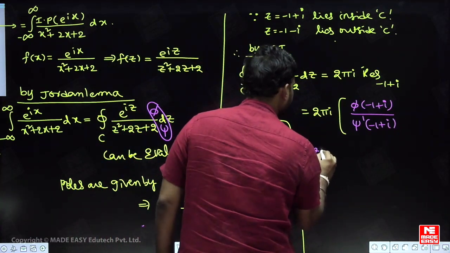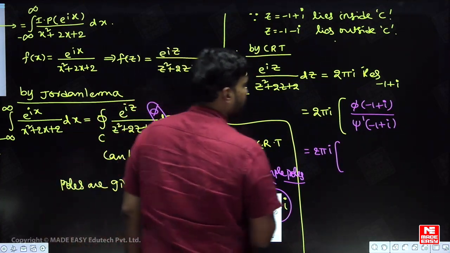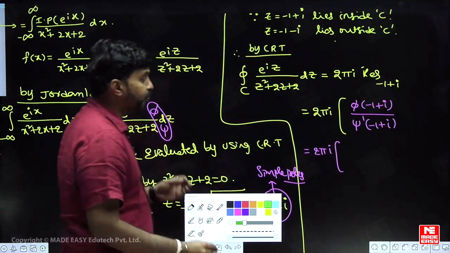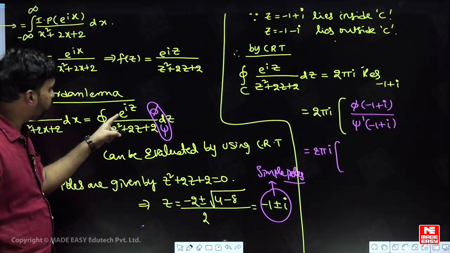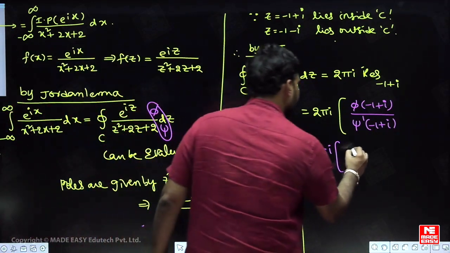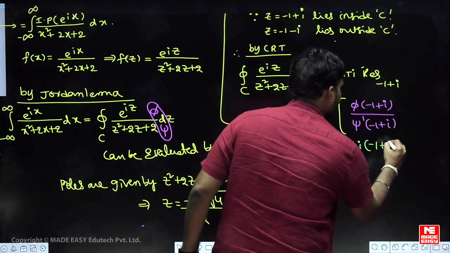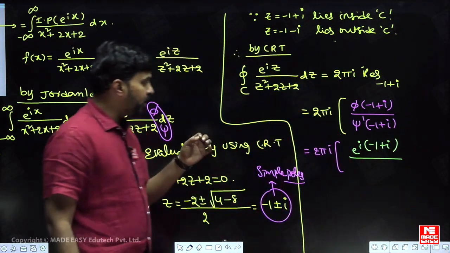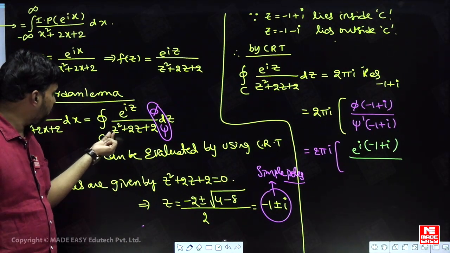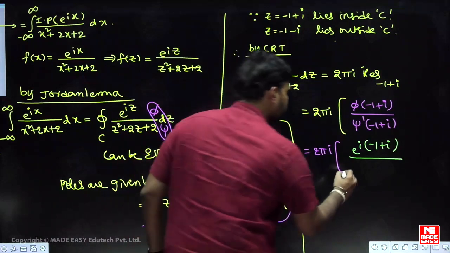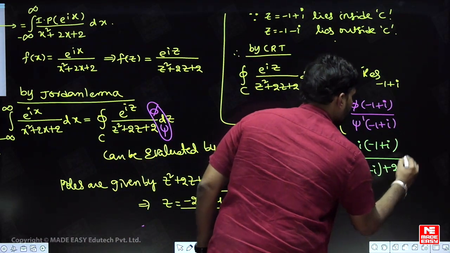Now I take 2πi times phi of minus 1 plus i. What is phi? The phi is the numerator, so this becomes e^(iz) with z equal to minus 1 plus i, divided by the derivative of the denominator, which is 2z + 2, that is 2(-1 + i) + 2.